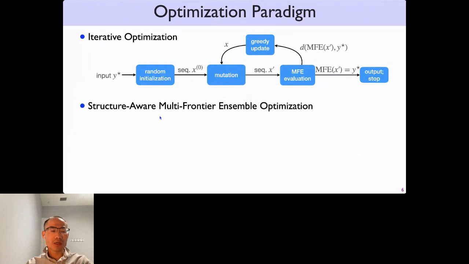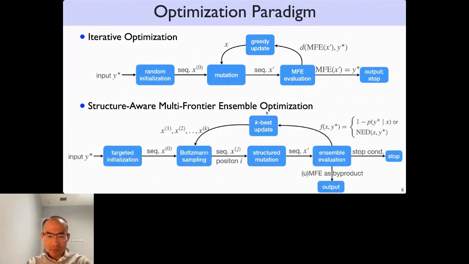So in our work, we propose the new paradigm named structure-aware multi-frontier ensemble optimization, which has several innovations. First of all, we optimize the ensemble objective to overcome the drawbacks of the MFE criterion.